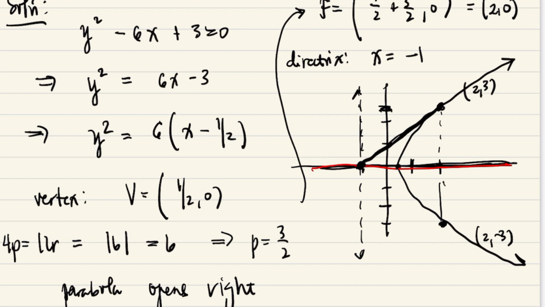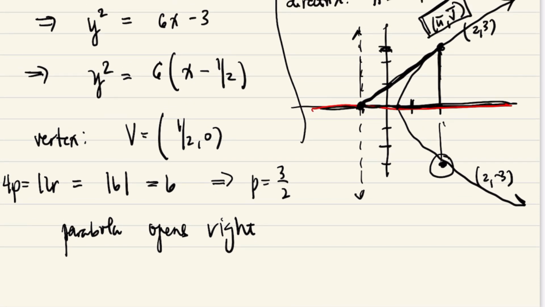So without loss of generality, this is U bar, V bar. I could have chosen this as well, but without loss of generality, I'll just pick this one on top of the x-axis. So this will be the boundary here. And we already know for a fact that this is 3. So this represents the height, and the base here is 2p actually.